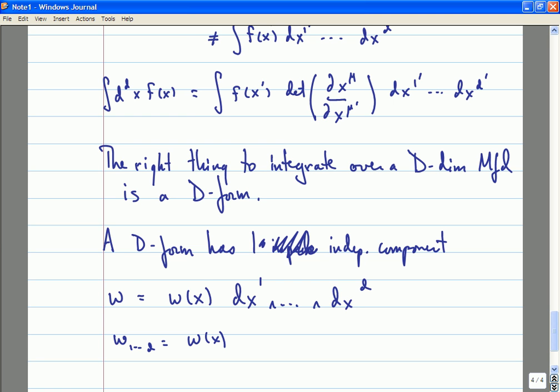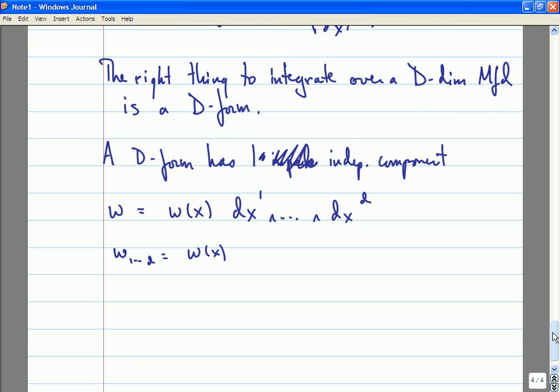Okay, so now let me define the integral of this D-form as follows. The integral over our d-dimensional manifold M, which is just the manifold that we're considering, of omega is the integral of omega of x times dx1 wedged all the way up to dxd. I haven't done anything here.